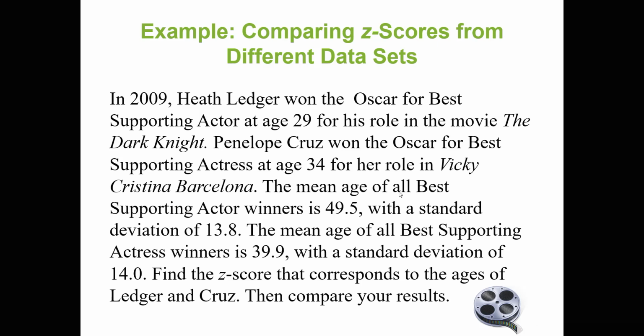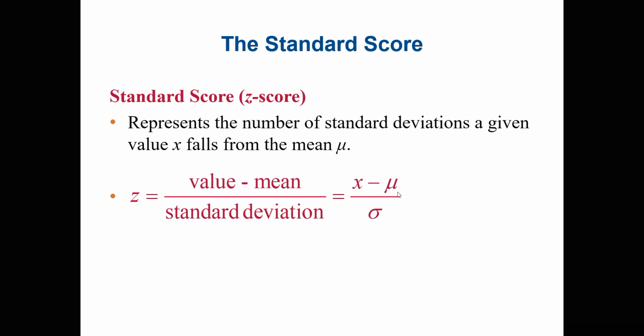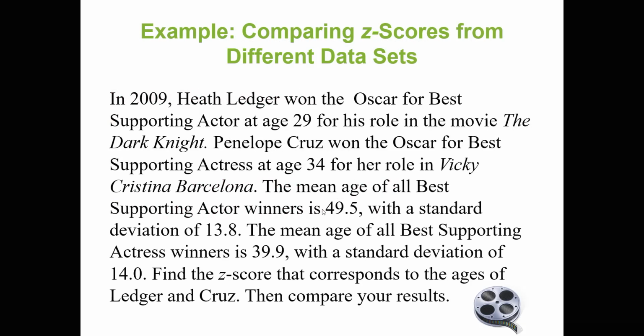The mean age for all best supporting actor winners is given, so here you have the mean age for all. In other words, this is the population mean, which is known as mu. Mu is your population mean. X bar is the sample mean. So in this case, we are using the population mean, which has been given. It says for all, not for a sample. And the standard deviation has also been given.